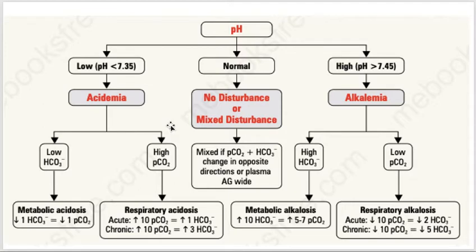The body has very sophisticated homeostatic mechanisms that attempt to correct the pH. We call it compensation. So for respiratory problems, the kidneys, or metabolic compensation, is there. But for metabolic problems, basically respiratory, or you can say lungs, compensation is there. So this is how we look for it.